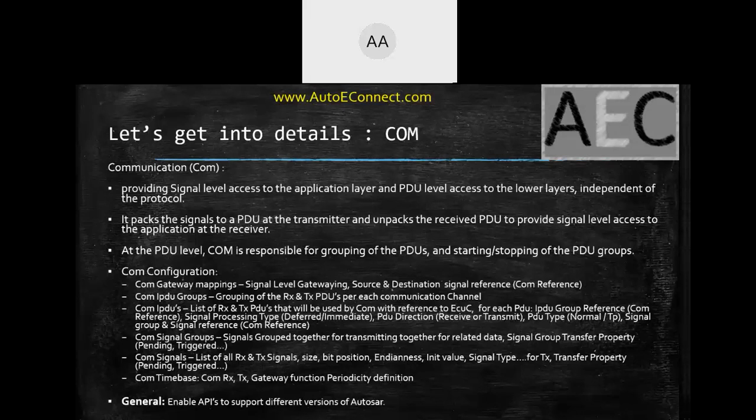And then we also have the signal group and the signal references. For example, in a PDU, sometimes it can be signals, or sometimes we will be grouping the signals. That we will see below, the COM signal groups. We group the signals wherever the data is dependent on each other.